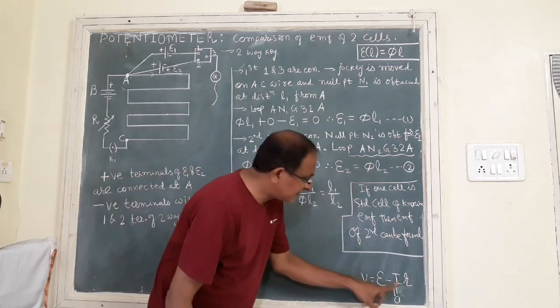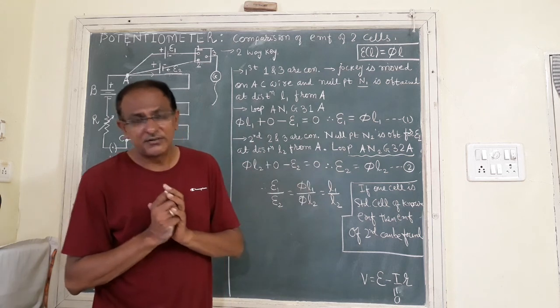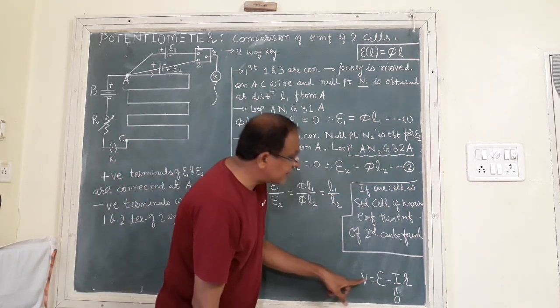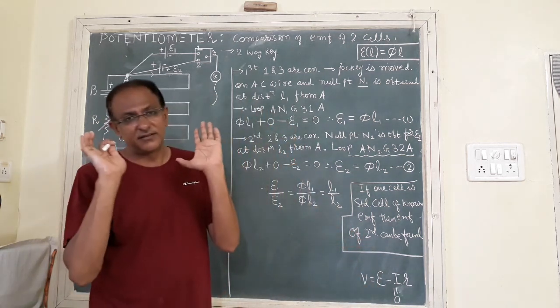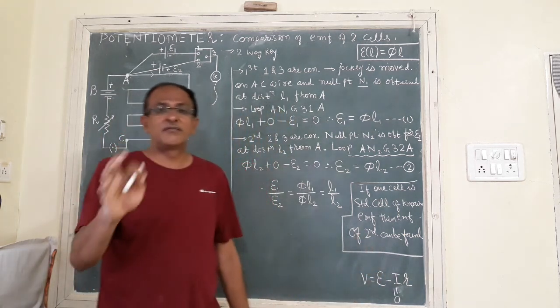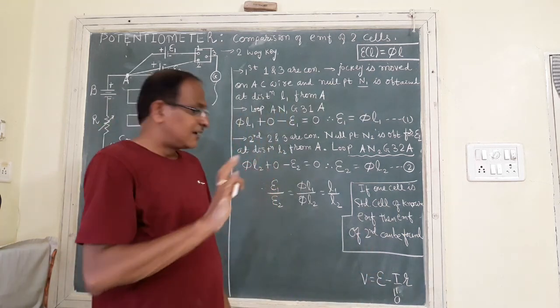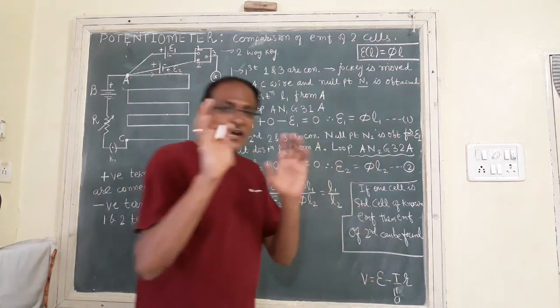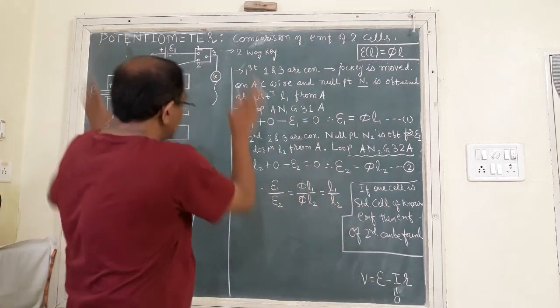Now if you make this current I zero, then V is equal to E will be obtained. To make the current I zero, this kind of arrangement is made.